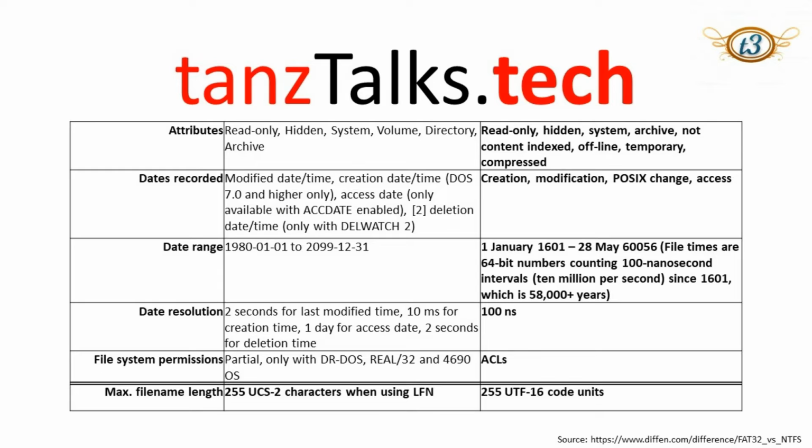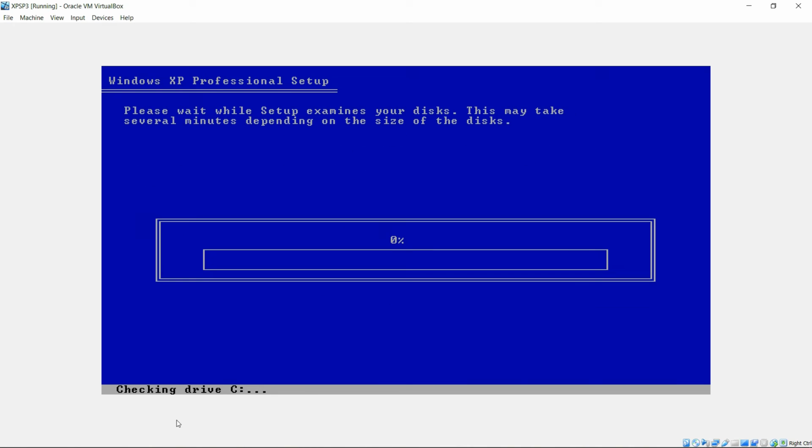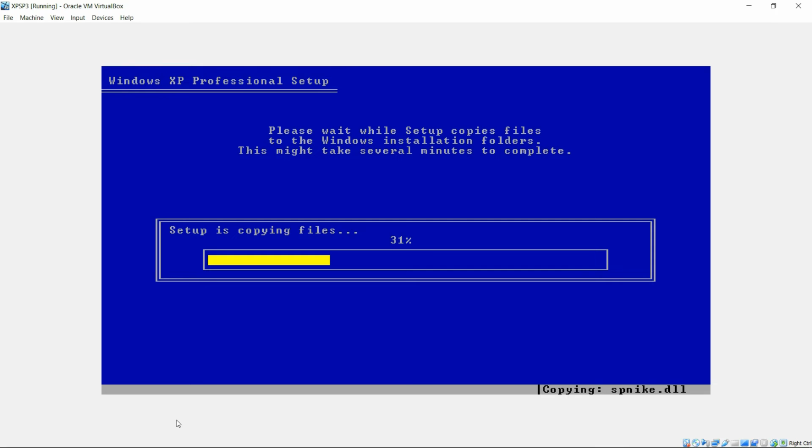It does not have built-in security and recoverability options, and even file compression is not possible. The maximum size of any file is 4 gigabytes, which means you cannot have any file which is more than 4 gigabytes in size. There are many more limitations of this file system. So now let's just format the partition using the NTFS file system quick.